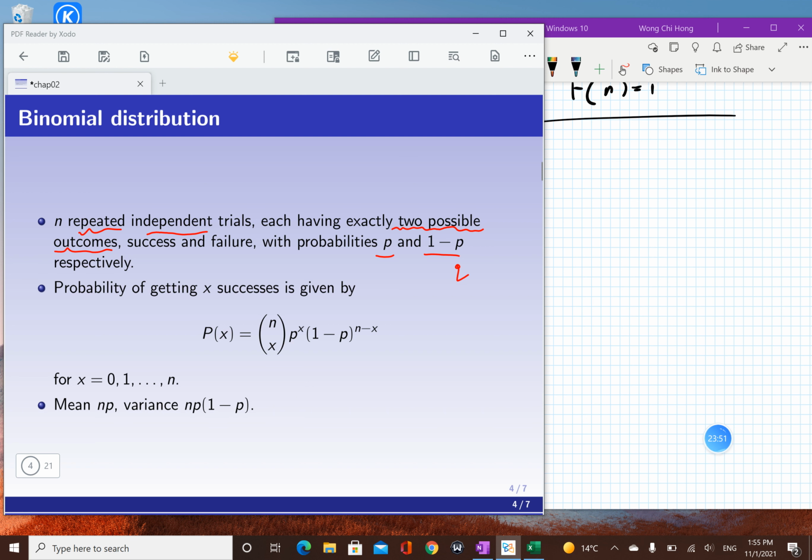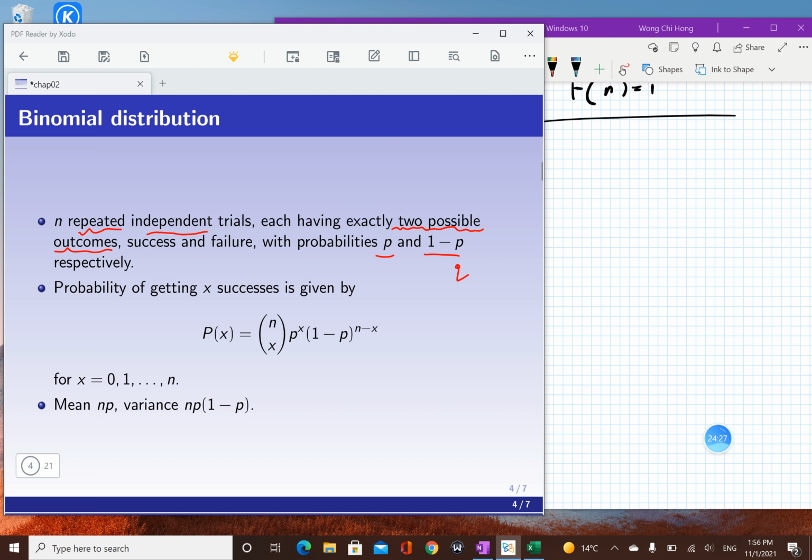Like throwing your coin, like repeating any experiment, like playing a particular game where you have a fixed probability of winning. You either win or you lose. You're either a success or a failure. Taking a test, or even, just a joke, asking a girl out.